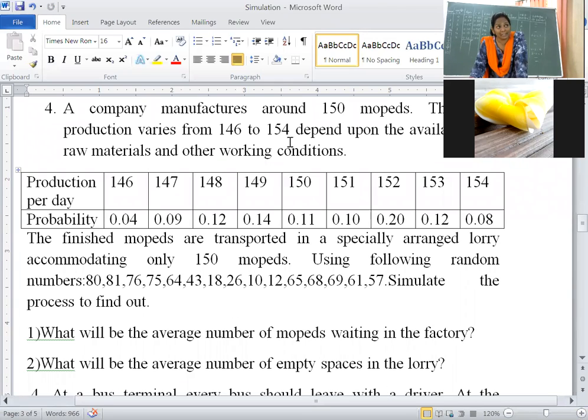Okay, then this question, because here I am having more numbers, I will write little bit small letters. Try to understand. Okay, already you know how to do the procedure, right? Okay, read the question carefully. Everybody read the question, 4th question.